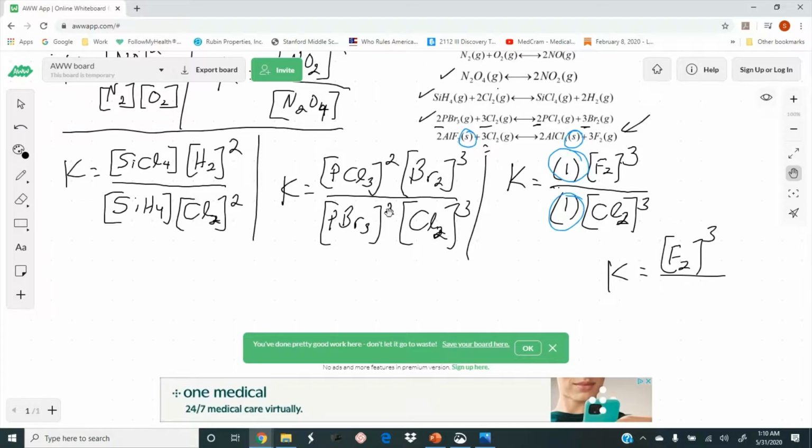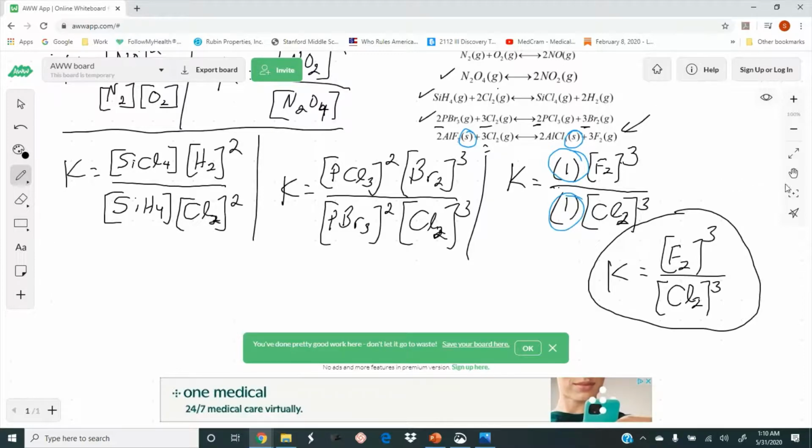And finish off my problem. Concentration of Cl2 to the 3rd power. Okay, so these two are the same thing, just with the 1s right there. So I would go ahead and ask you just to write this. You don't have to plug the 1s in.